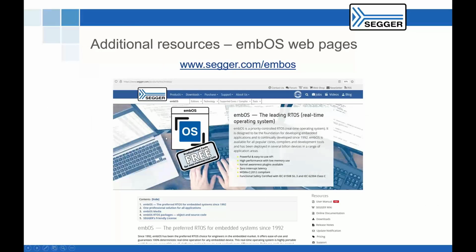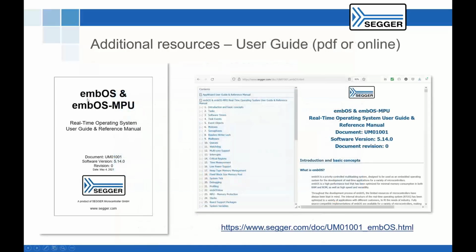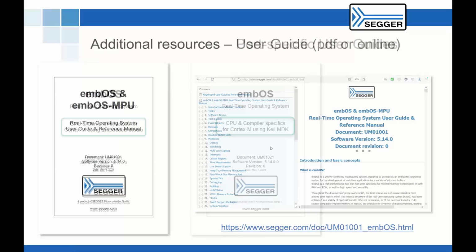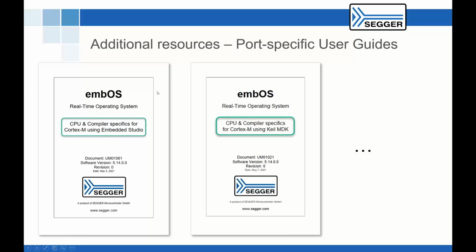And so additional resources, obviously you can go to our web pages. There's good information there. I mentioned the user guide, which is available as a PDF as well as online, which is sometimes easier to view. I mentioned the different port-specific guides.